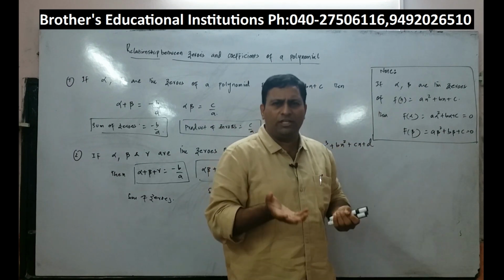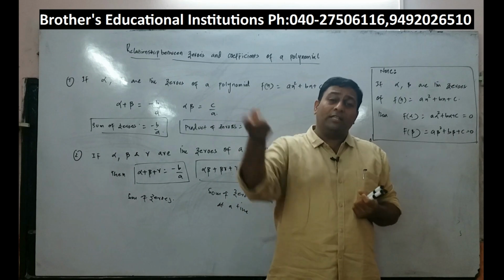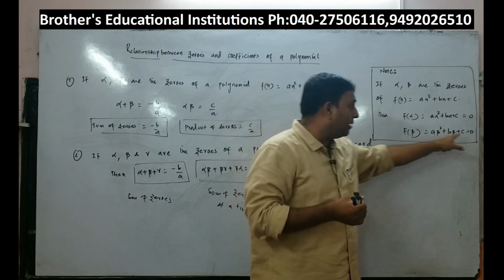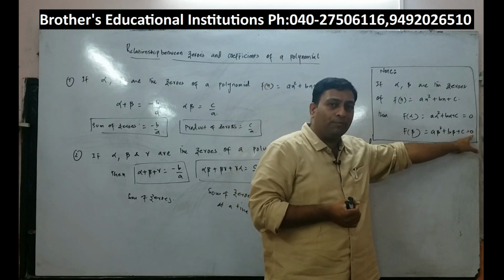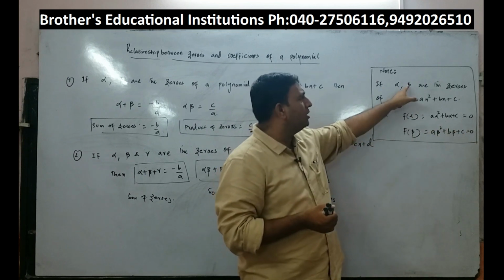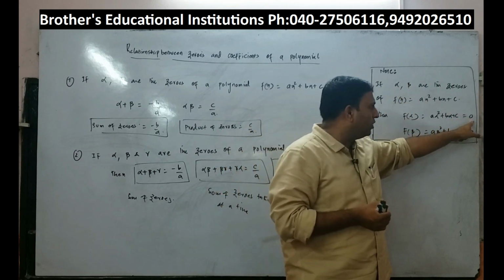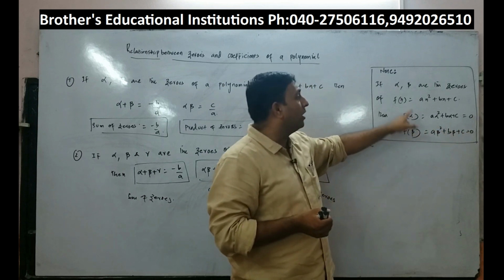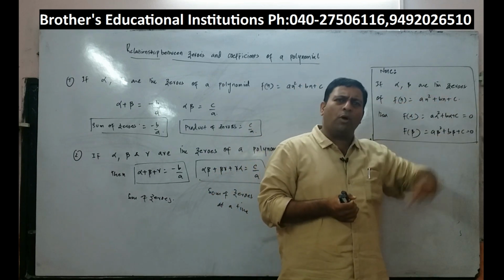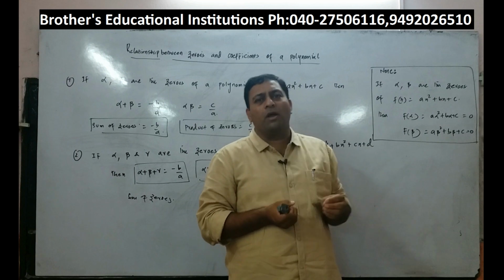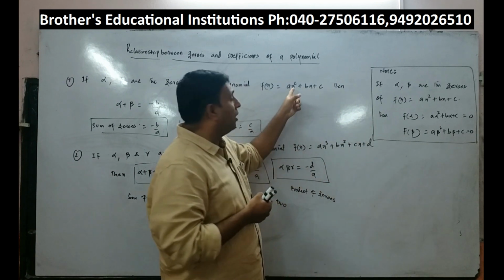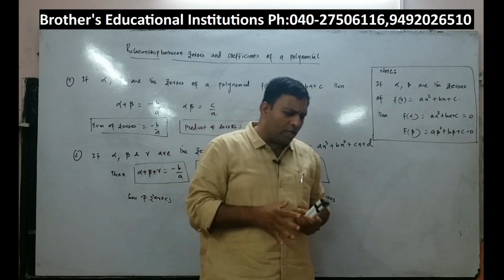That's how the definition is. The zero of a polynomial is defined as the value of x for which the polynomial becomes 0. The polynomial becomes 0 for what value? Beta. So beta is a zero of the polynomial. The polynomial becomes 0 for what value of x? Alpha. So therefore alpha is a zero of the polynomial, and the number of zeros will never exceed the degree of the polynomial. So this is a concept we must have.